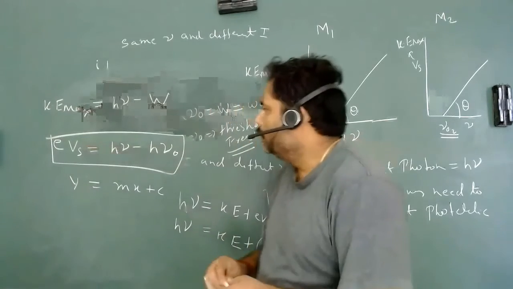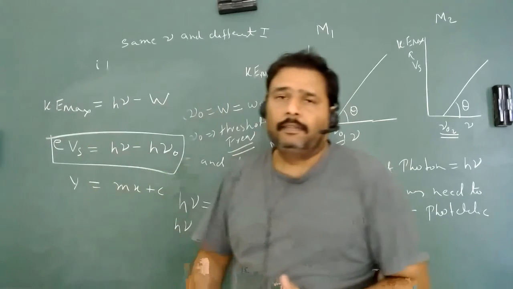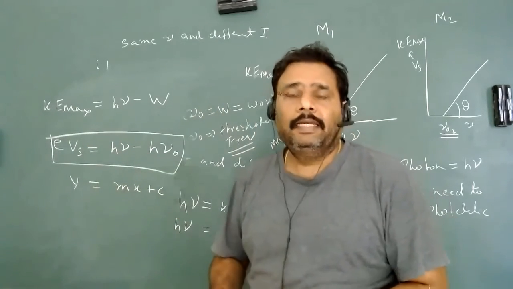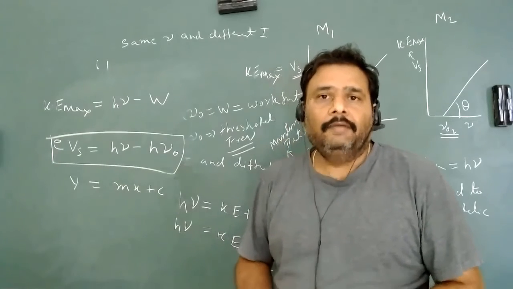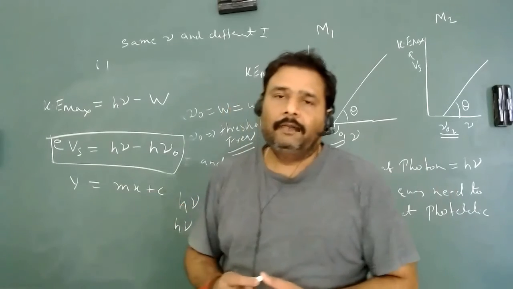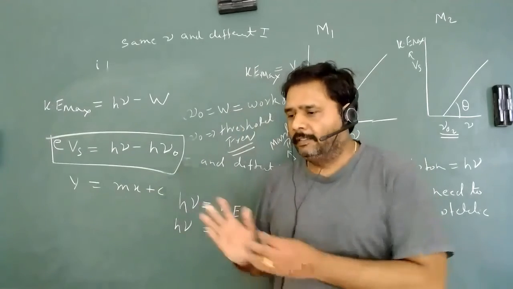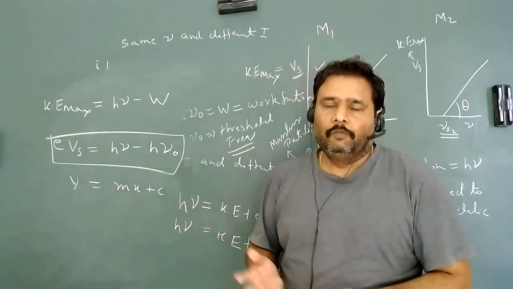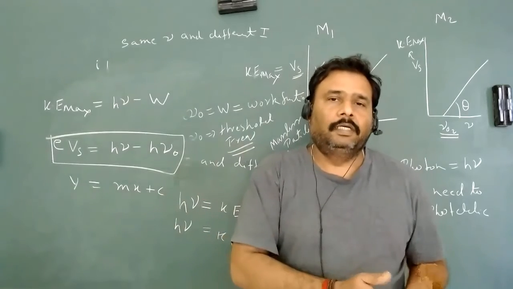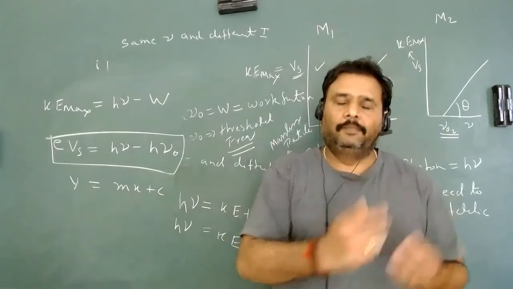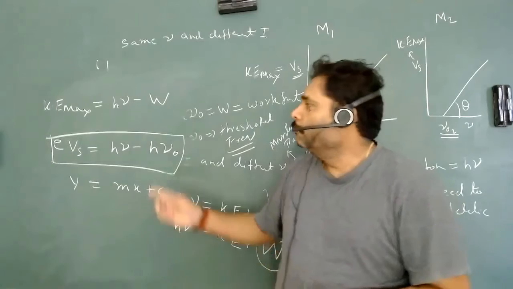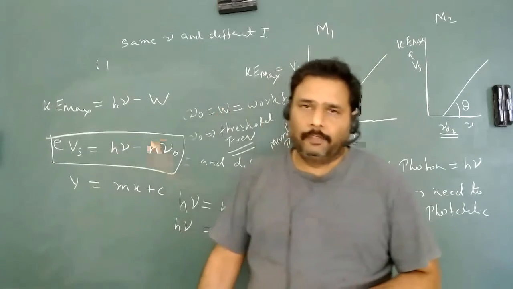So how can we explain that light is not behaving like a wave? Einstein gave two reasons. The first reason is that the energy of the photon, which is finally transferred to the energy of the electron, ultimately known as the photoelectron, depends on frequency.